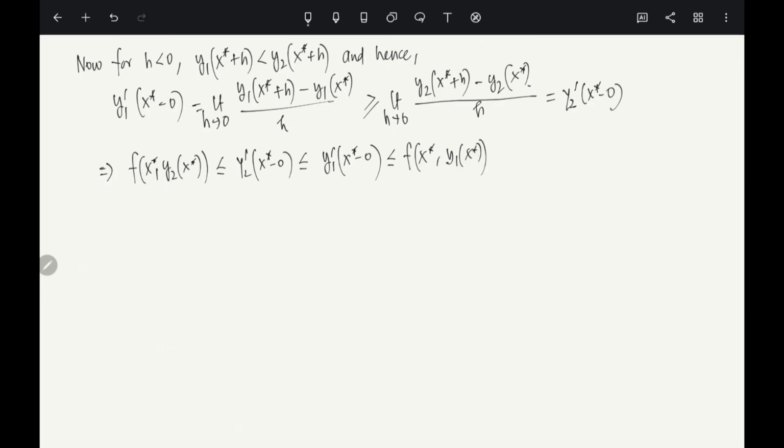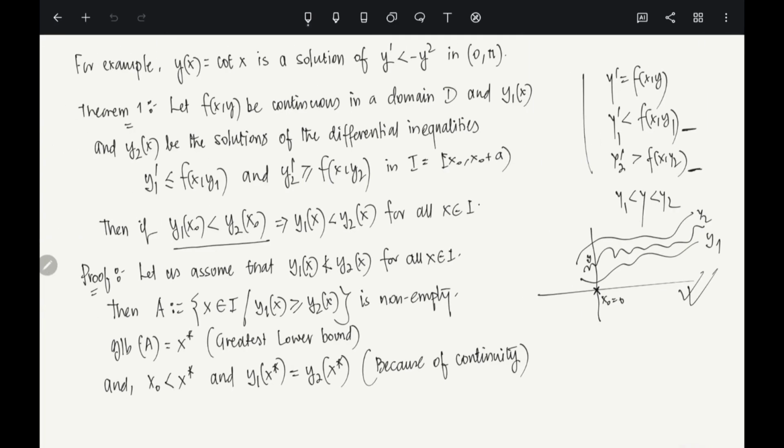So if this is the case, you are saying that at the point x star, y2 and y1 are basically the same. So this will imply that f of x star, y... there is one mistake. At least one of these should be strict, either this or this. Let's just do this one, we need this.